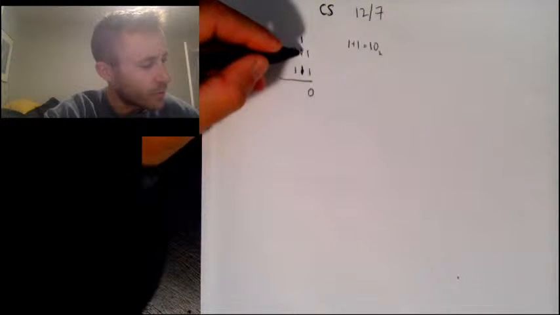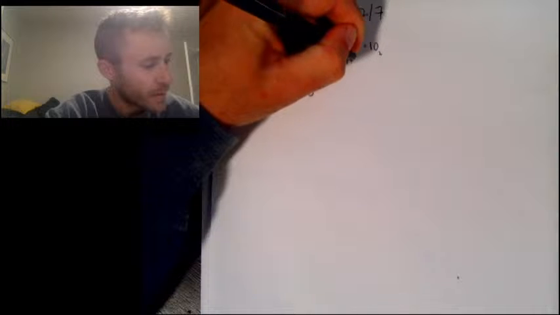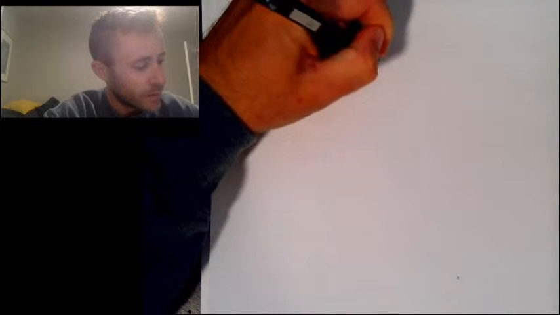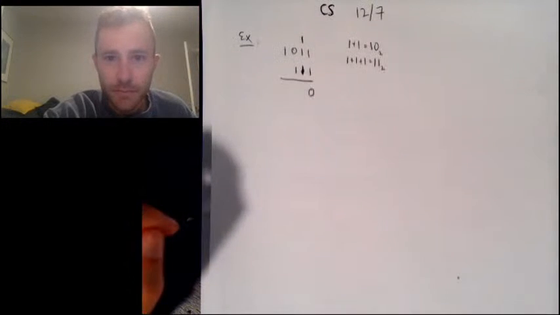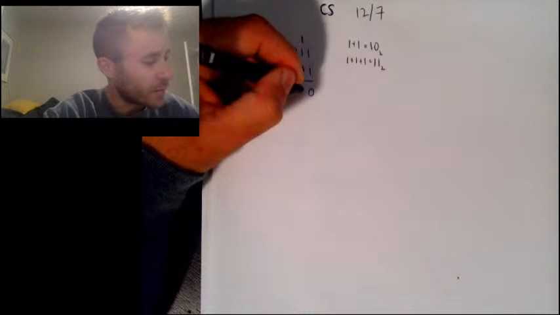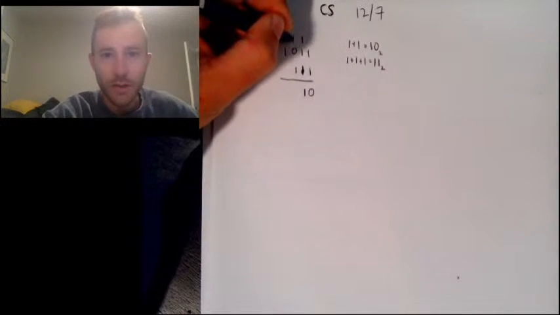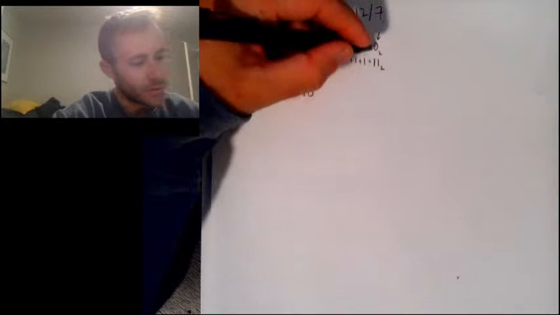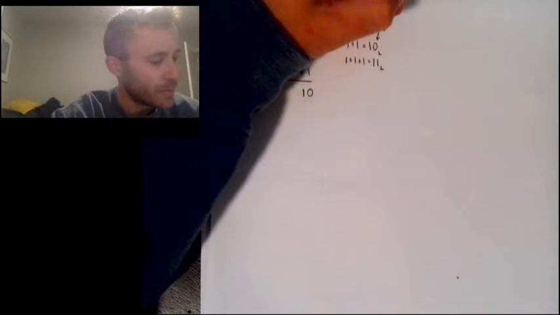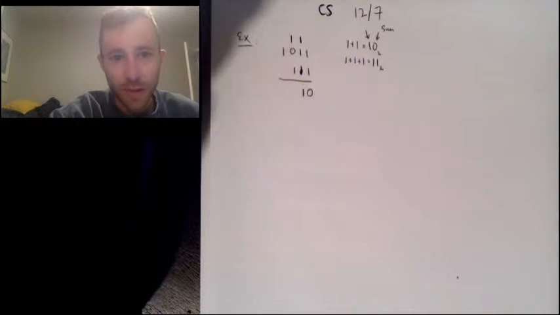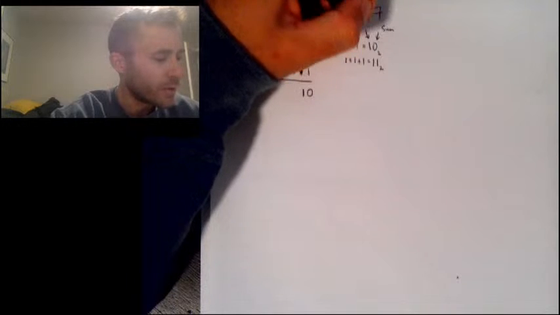So now I have 1 plus 1 plus 1, which is 3, and 3 in base 2 is 11. So I put the 1 down, and I also have the 1 that I have to carry. The first bit is called the sum bit, and the other bit is called the carry bit.